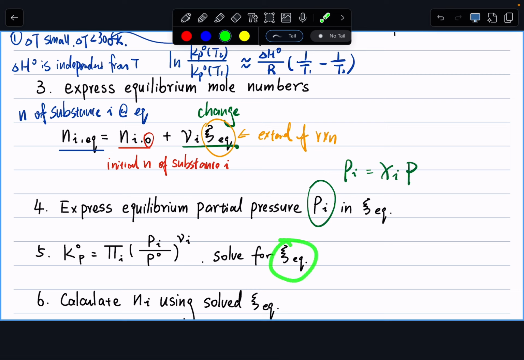And then plug xi back into the initial relationship to find out what the equilibrium composition is. All right. So far, so good? So that's the general gist.